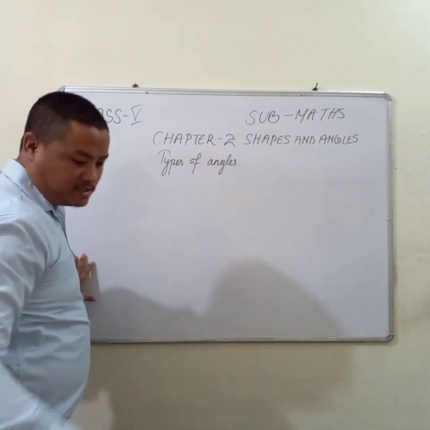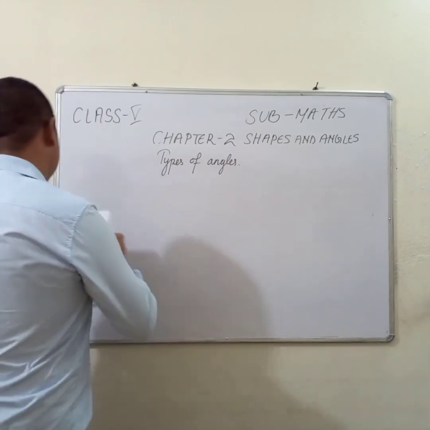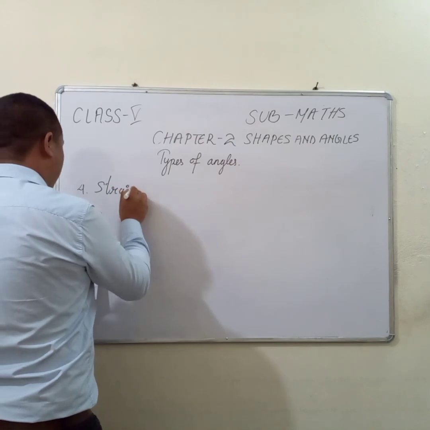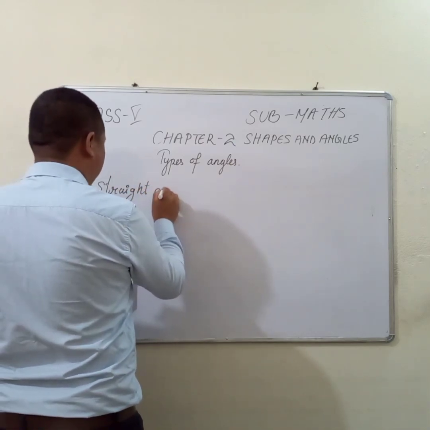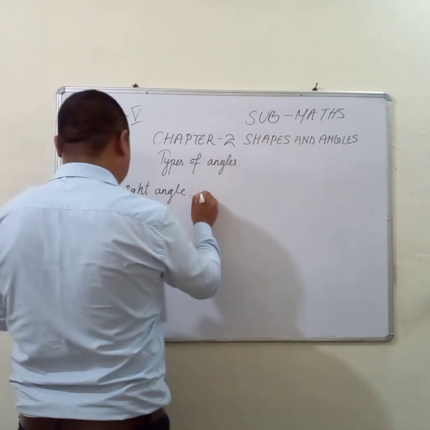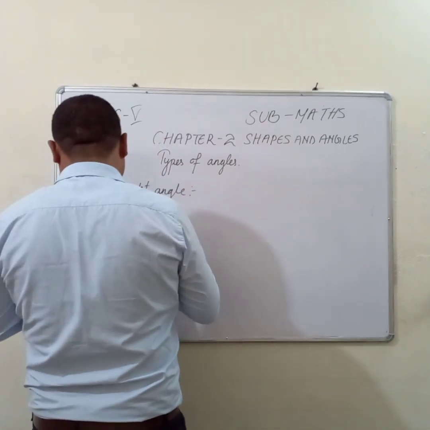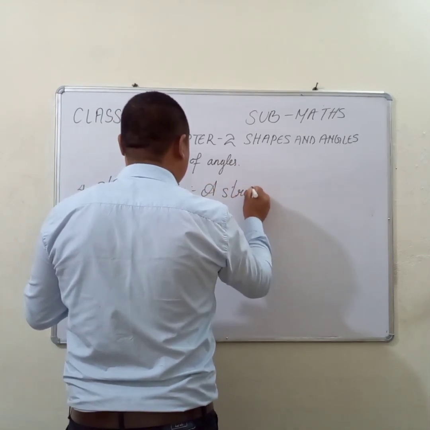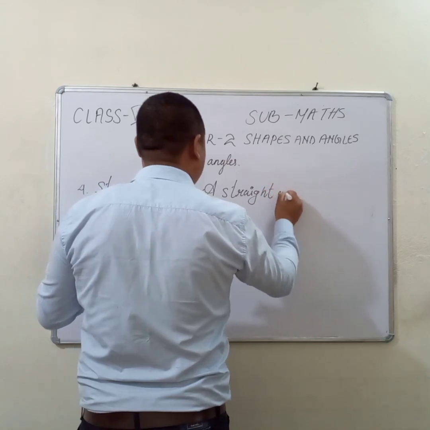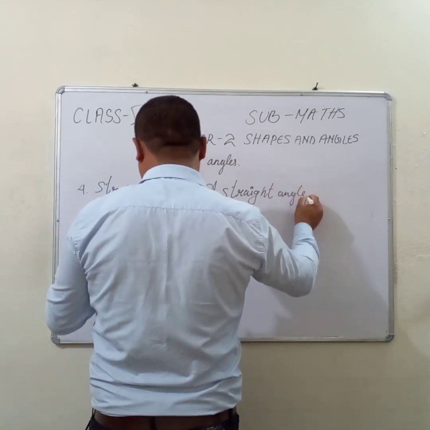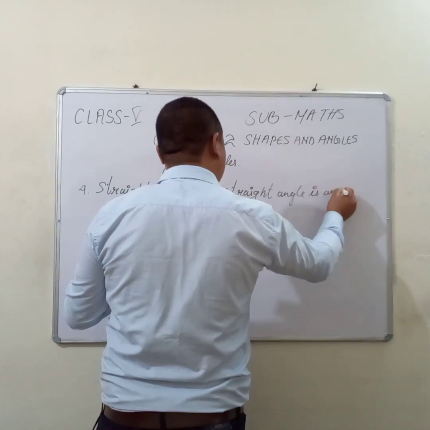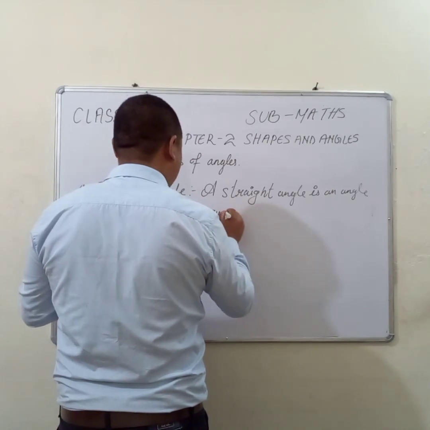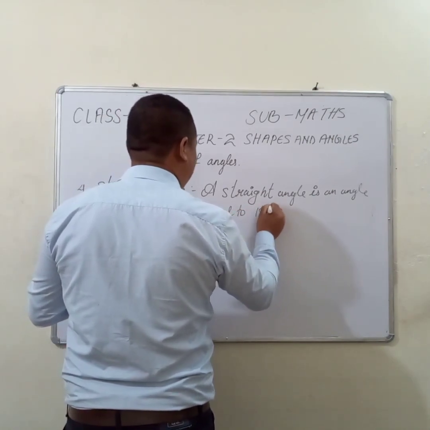Our fourth angle is straight angle. A straight angle is an angle equal to 180 degree.